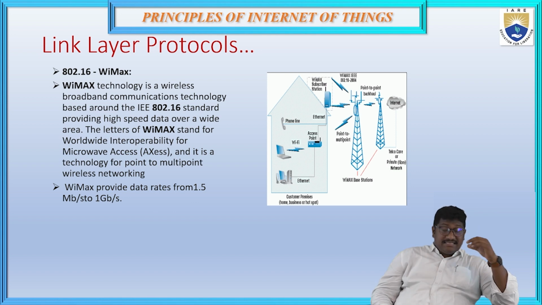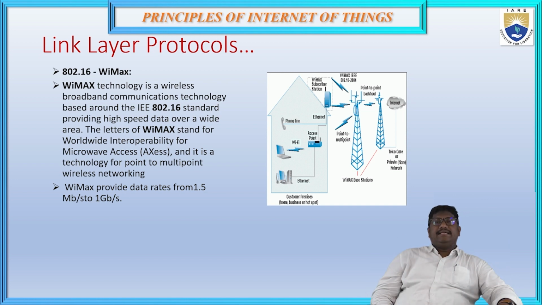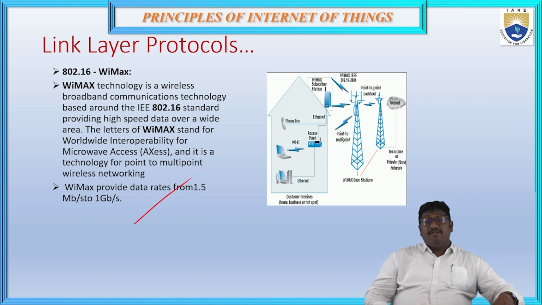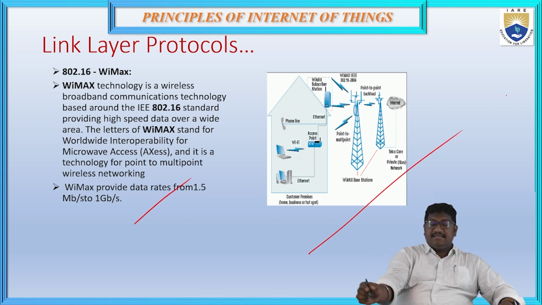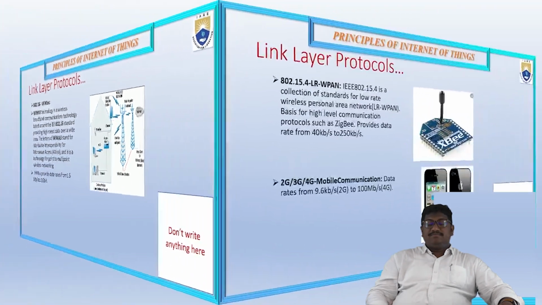This is the technology used for multi-point wireless communication. And see here, the data rate is 1 Gbps if we use WiMAX. This is the structure of how the WiMAX link layer is set out.